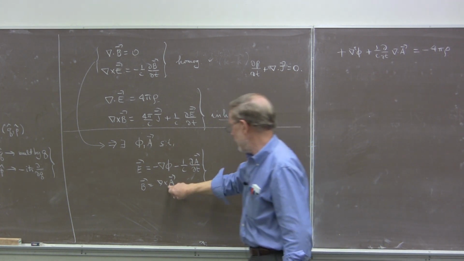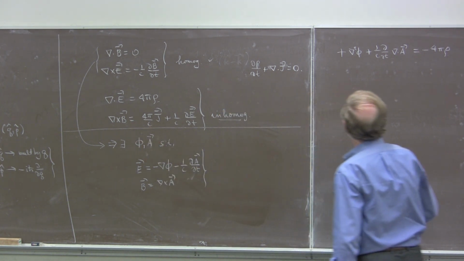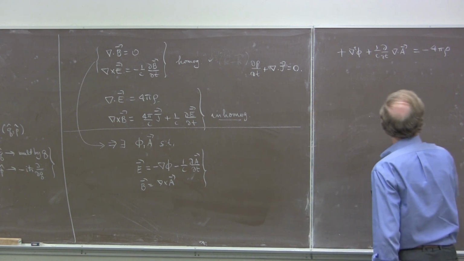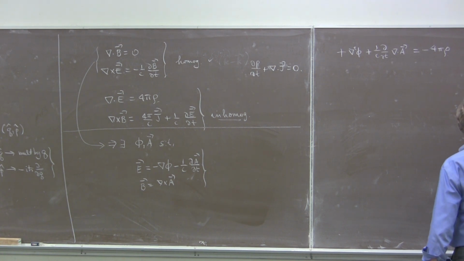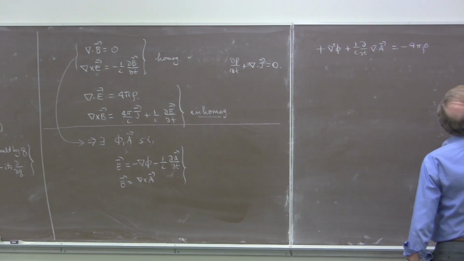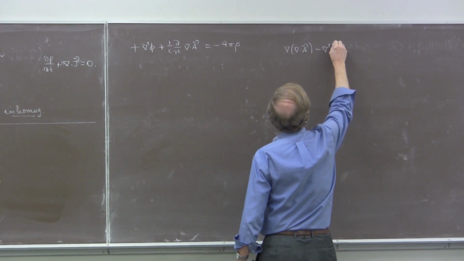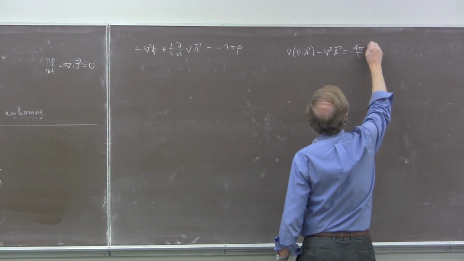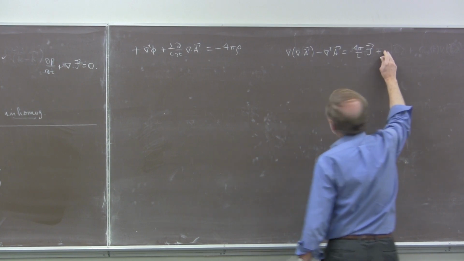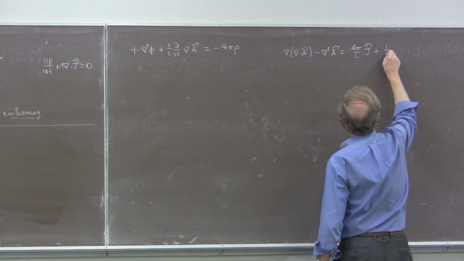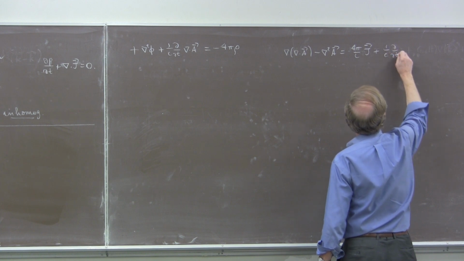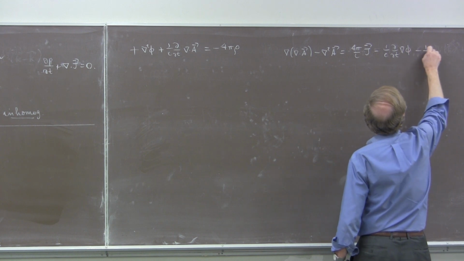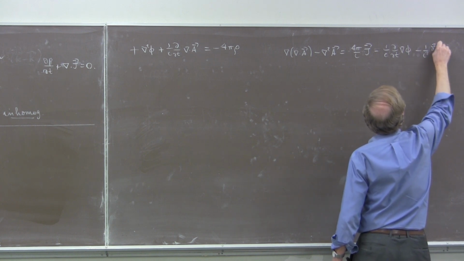If we plug B equals curl A into Ampere's law, it becomes del cross A becomes del of del dot A minus del squared A is equal to 4 pi over c times the current J, and then we have plus 1 over c dt of the electric field, which would be with a minus sign, minus gradient phi, minus 1 over c squared d squared A dt squared.